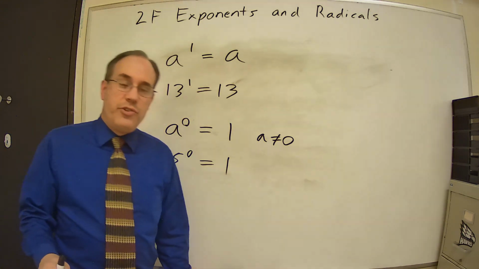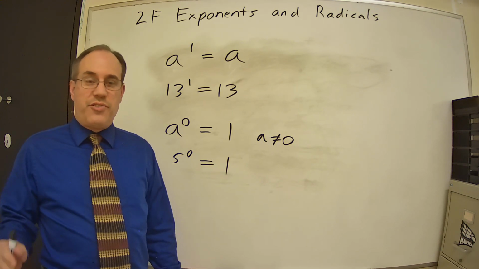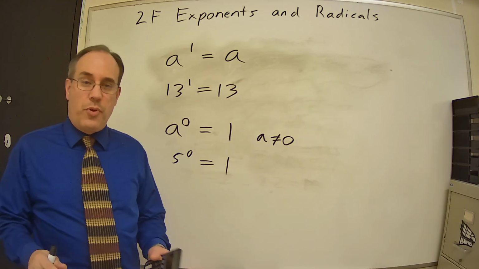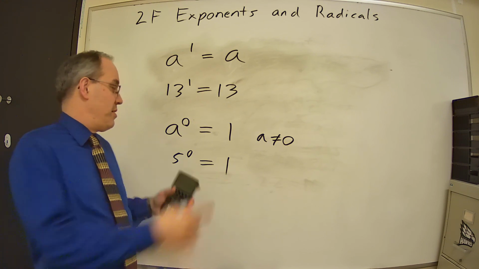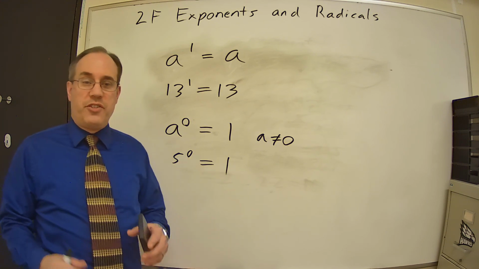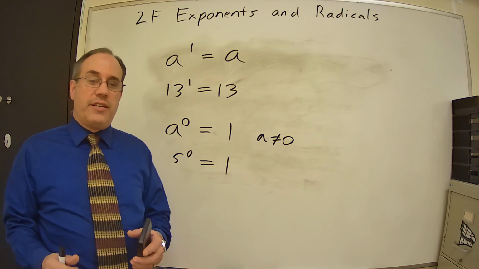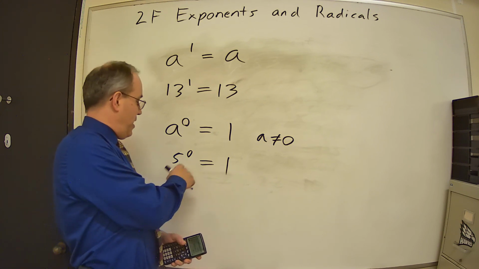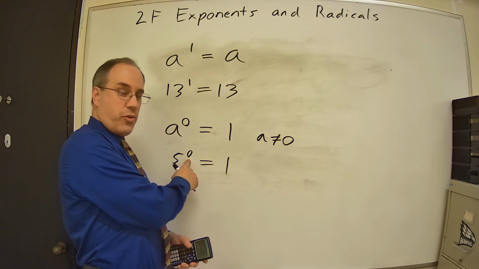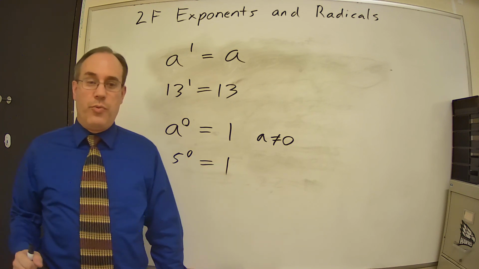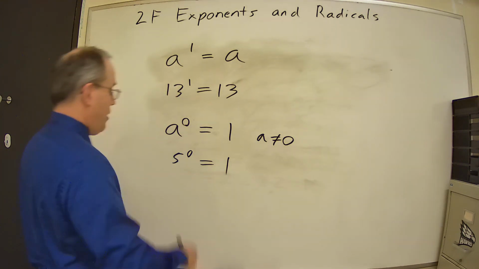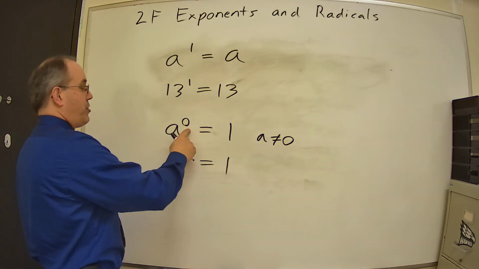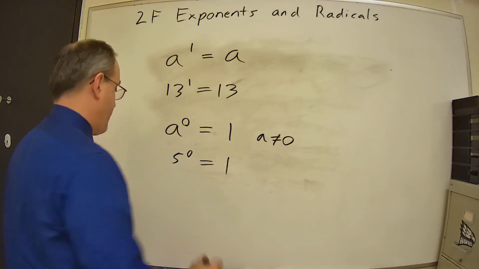And when you get into statistics and you start getting into the counting principle, if your teacher teaches it the way that I do, you're going to see why any number to the 0th power is equal to 1 when you get into permutations and combinations. But that's the way it is. Any number to the 0th power is equal to 1.